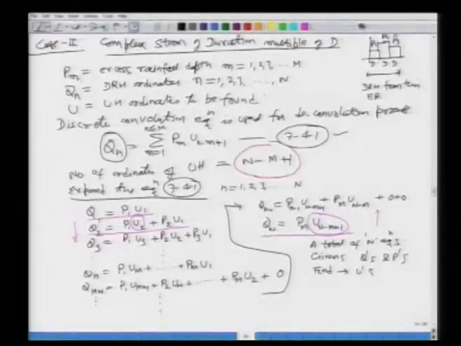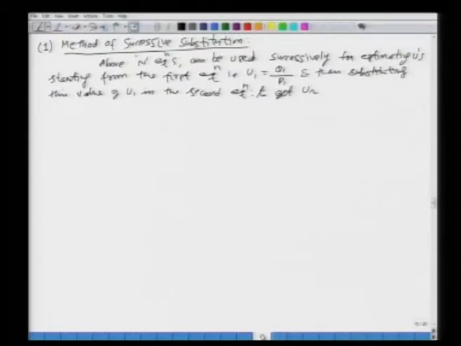Well, let us look at this. The number of equations available are how many? As we just said, there are n equations, right? How many unknowns are there?